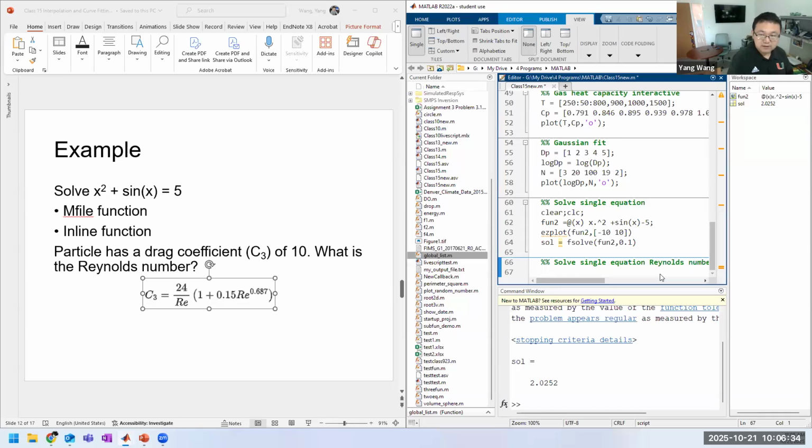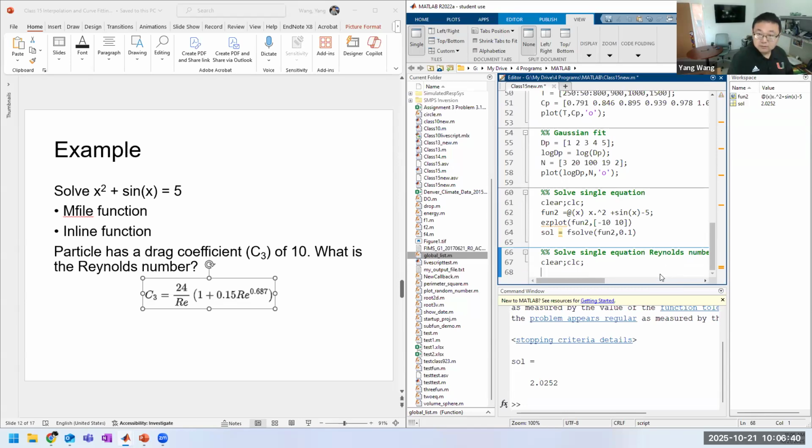So then we can define, let's say here, clc, this function, let's do function 1 equals @(x) 24 divided by x, multiplied by 1 plus 0.15 x to the power of 0.687.